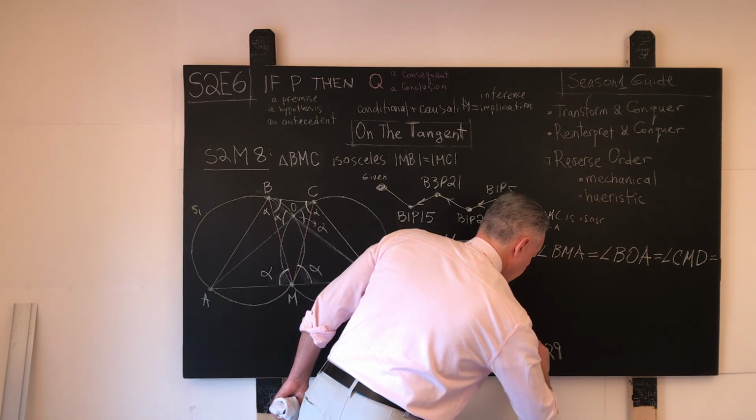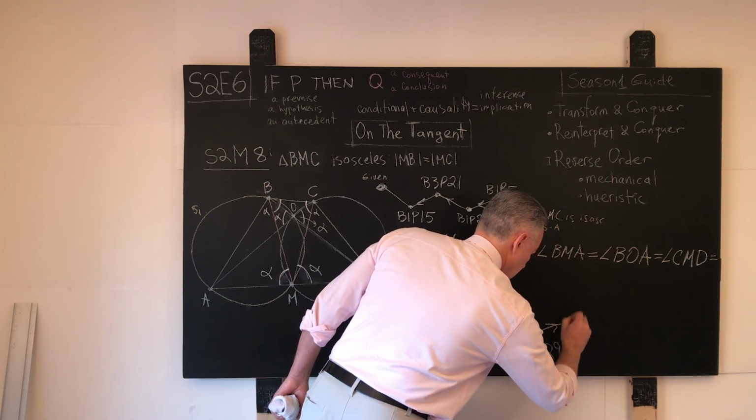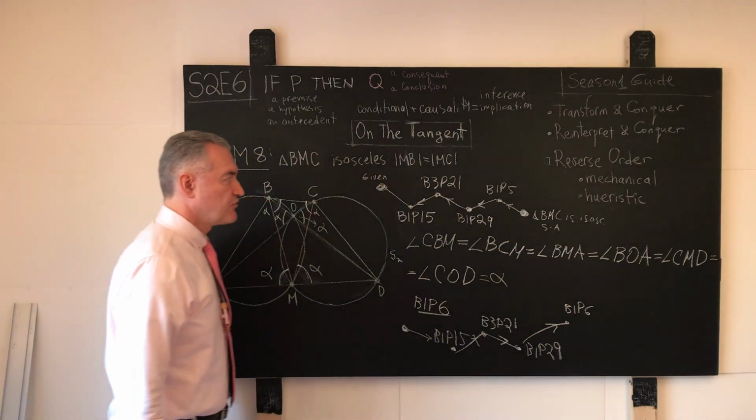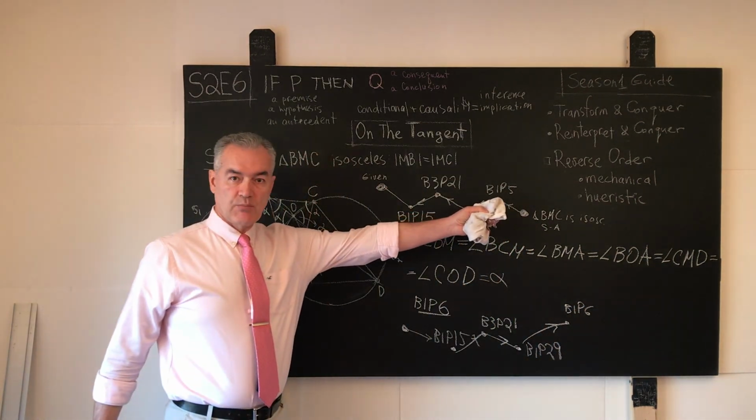Let's say from here we'll jump to book 1 proposition 6, which is the converse of book 1 proposition 5.